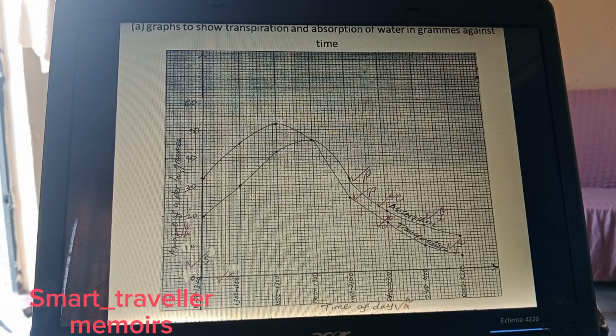Axis: you have a mark for labeling, and labeling again on the other axis, you get another mark. Scale: you get a mark, and the other scale, you get a mark.